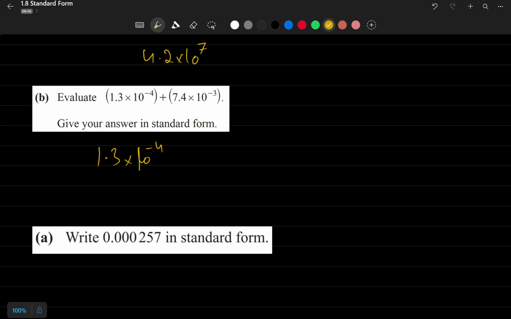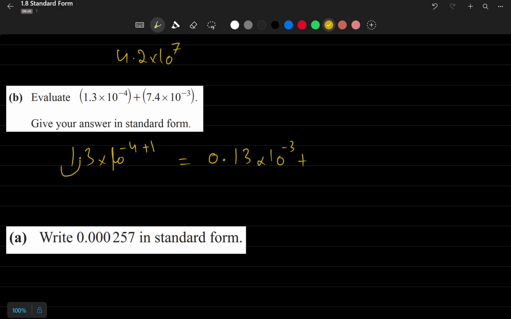Change negative 4 to negative 3, which means we have to minus 1, and for subtracting, sorry, add 1, and for adding 1 we know that we have to move towards the left, so the answer becomes 0.13 into 10 raised to power minus 3.